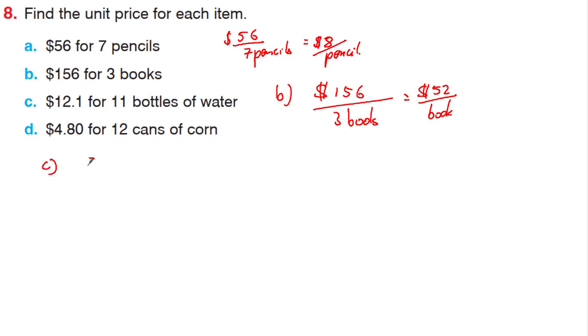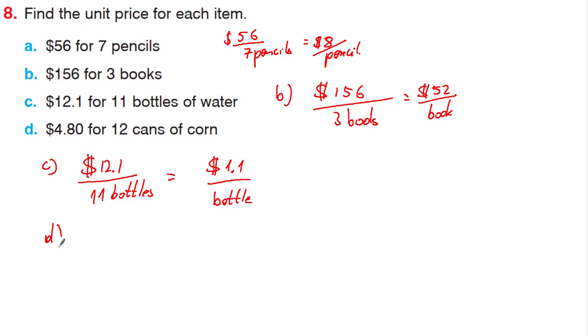Under C, you get $12.10 for 11 bottles of water. If you divide by 11, it's going to be $1.10 per bottle.